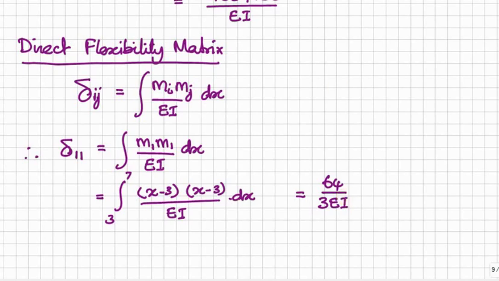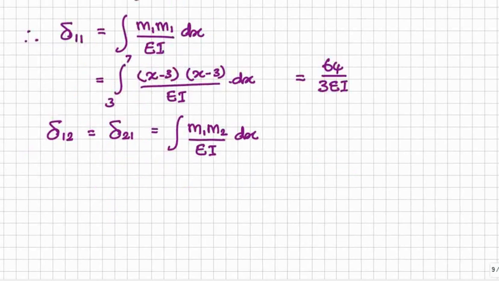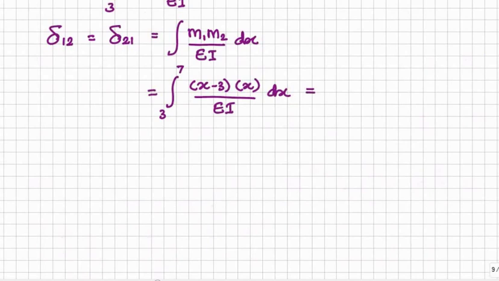So next we have to calculate the next element. Delta 12, which is also equal to delta 21, is equal to the integral of small m1 into small m2 divided by EI into dx. Here also only member AB has both values non-zero.